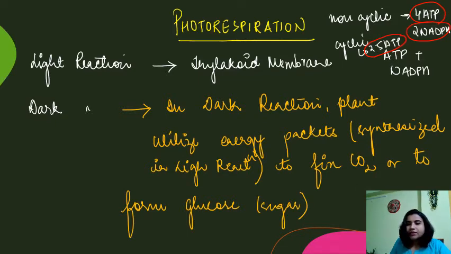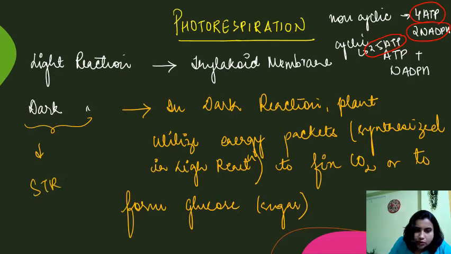This dark reaction takes place in the stroma. So the light reaction is clear, everyone, and the dark reaction too. The dark reaction is also known as the C3 cycle.